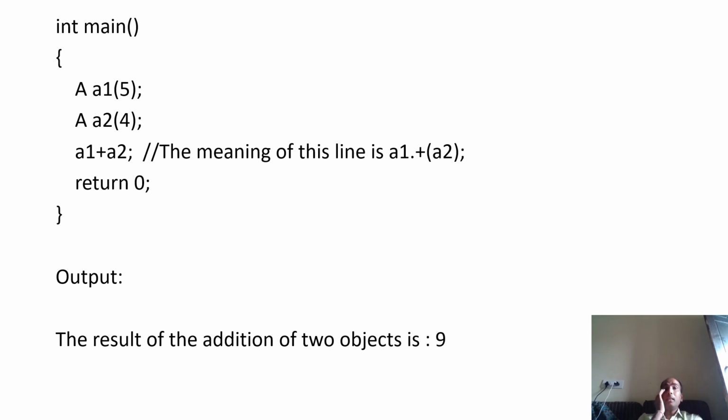I am repeating again: when you are writing A1 plus A2, it means the A1 dot plus function is called and A2 is passed as the argument. That means the value of A1 will automatically be received by the plus function, because you are calling the plus function with A1; you are writing A1 dot. But A2 it will not receive automatically.